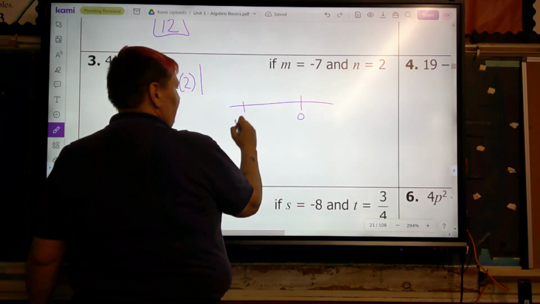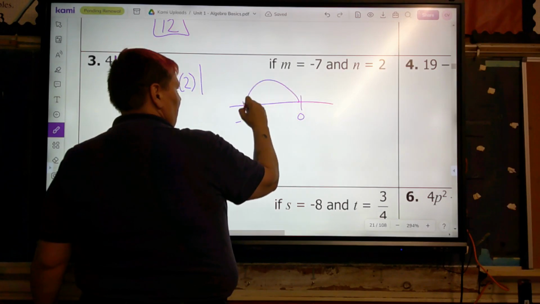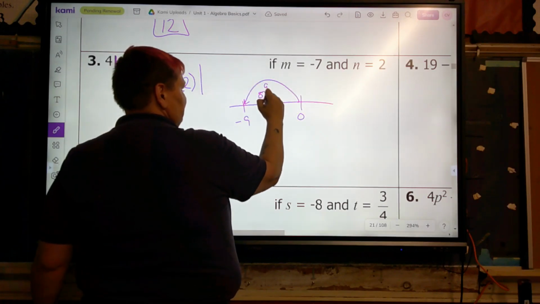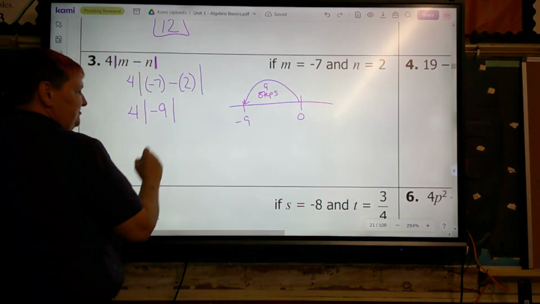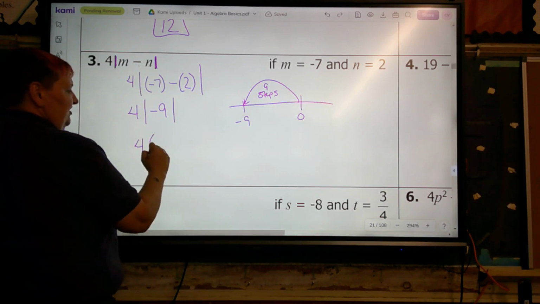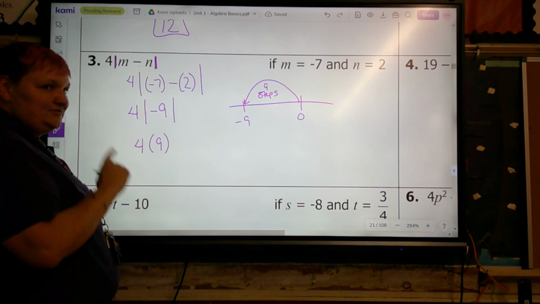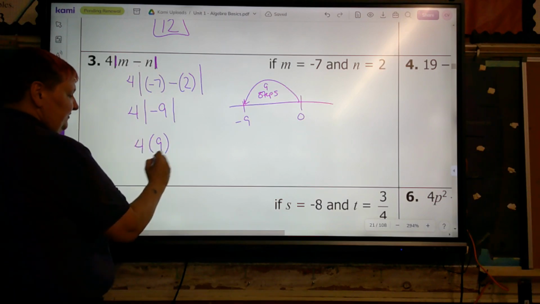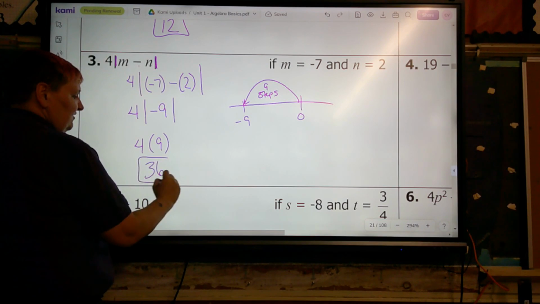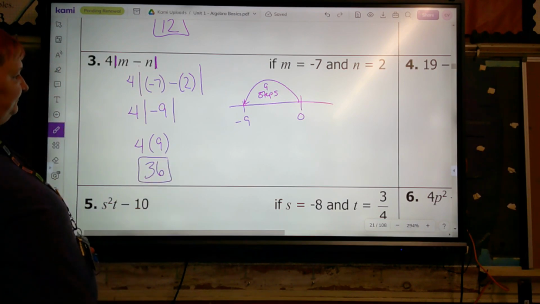How far is negative 9 from 0? It is 9 steps. Thus, the absolute value of negative 9 is just 9. It is 9 steps away from 0. 4 times 9 is 36. One baby step at a time.